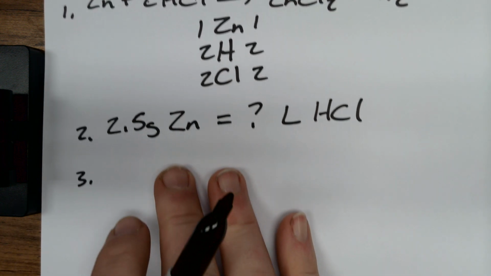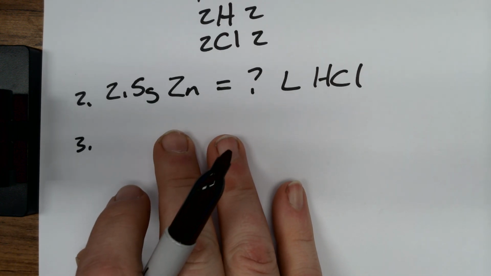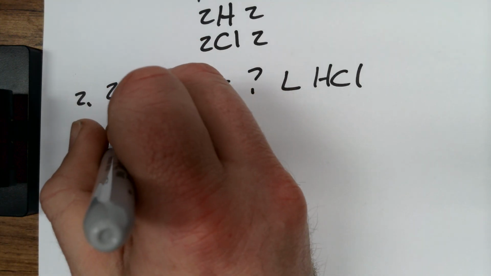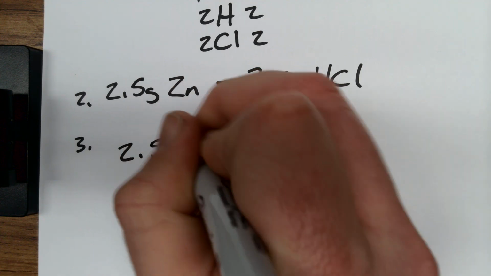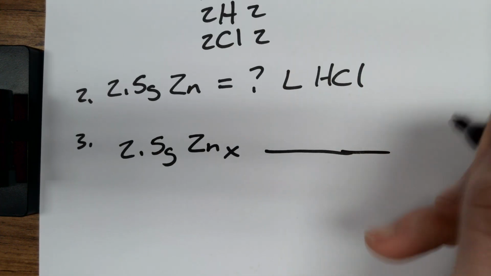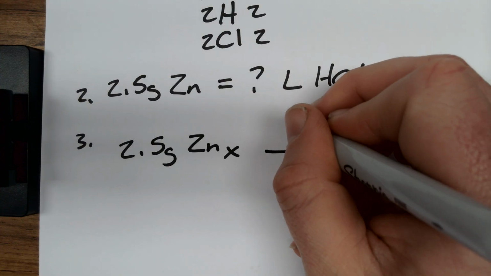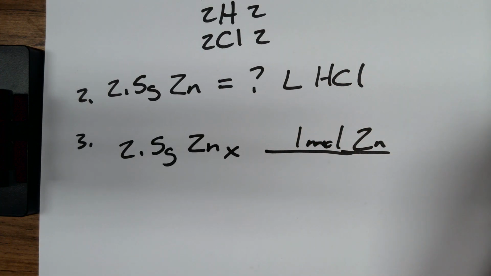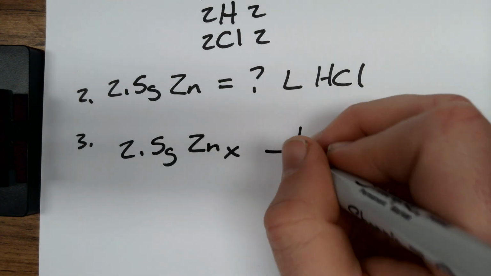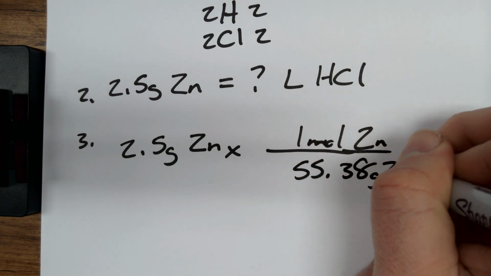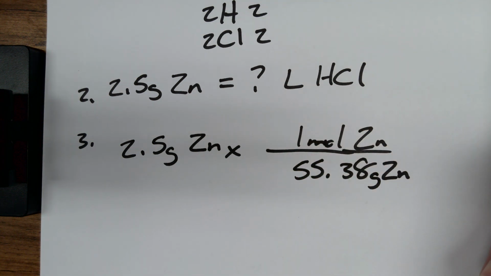Is my given amount already in moles? No. I've got to convert to moles, right? 2.5 grams zinc with my quality fraction. It's going to be 1 mole zinc. What's the molar mass of zinc? 65.38.